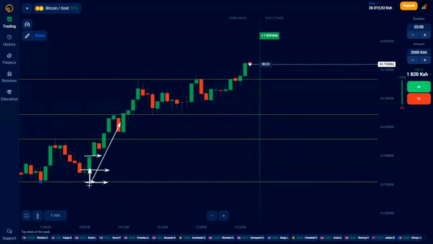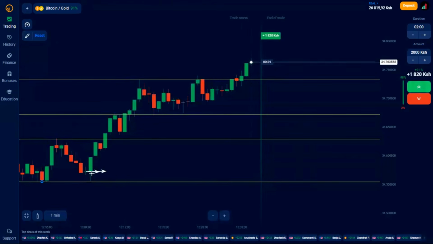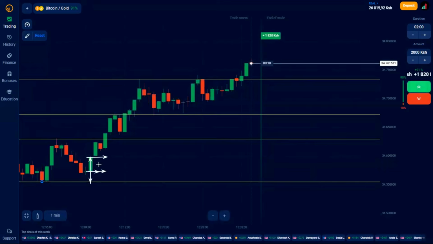The candlestick had opened here, went down, then was pushed to the upside and closed here. So that means there is buyers' pressure.